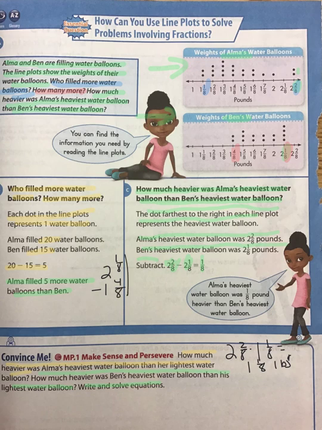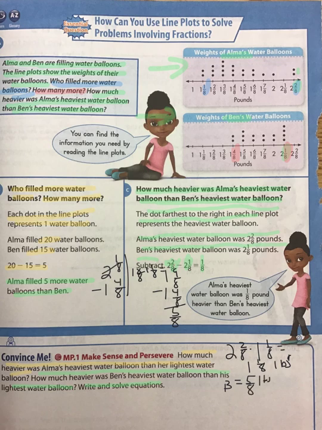Now we can't subtract 4 from 1, so we need to borrow. So we cross off our 2 and make it 1 8/8 plus 1/8, which equals 1 9/8, minus 1 4/8. So his answer would be 5/8. So Ben's difference would be 5/8 pounds.